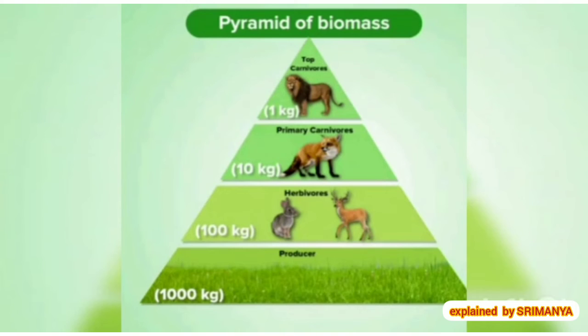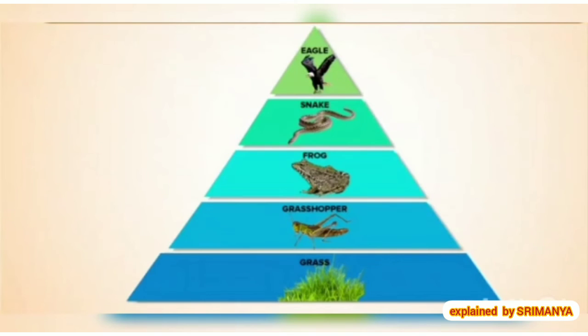In an aquatic ecosystem, the biomass of phytoplankton producers is quite negligible as compared to that of crustaceans and small herbivorous fish that feed on these producers. The biomass of large carnivorous fish living on small fishes is still greater. This makes the pyramid of biomass inverted.